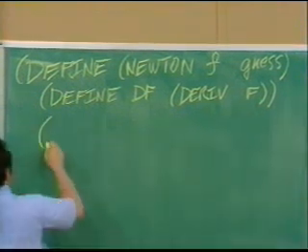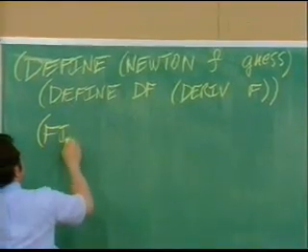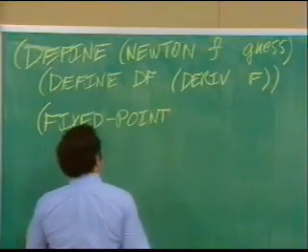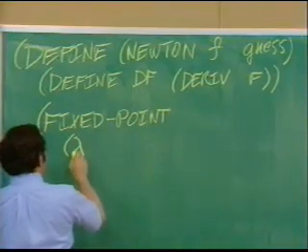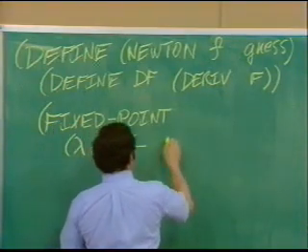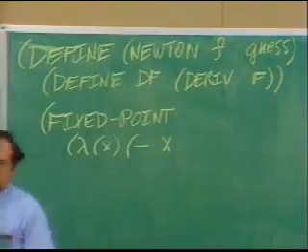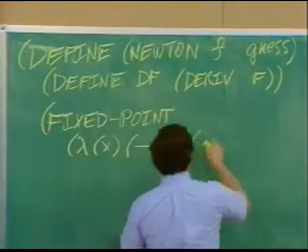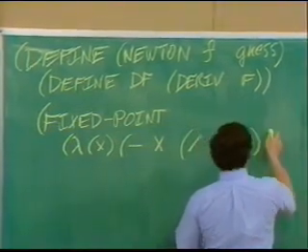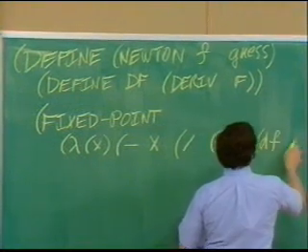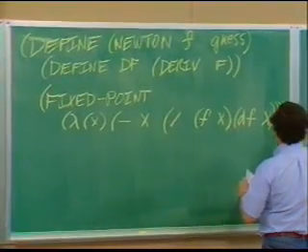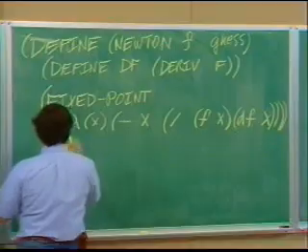And then given that, I will just go for looking for a fixed point. What is the fixed point I'm looking for? It's the one for that procedure of one argument x, which I compute by subtracting x, that's the y n here, the quotient of f of x and df of x, starting out with the original guess.